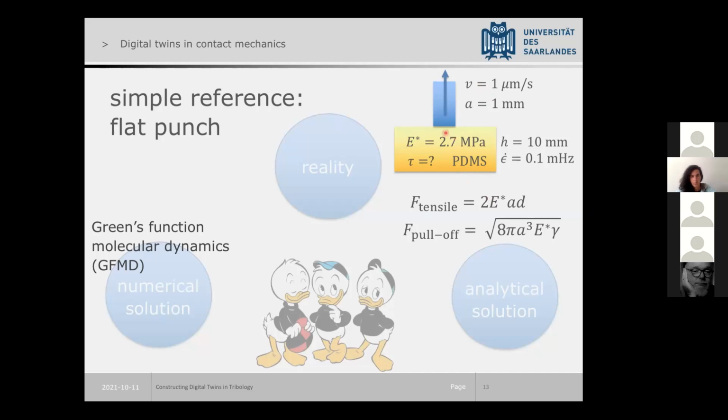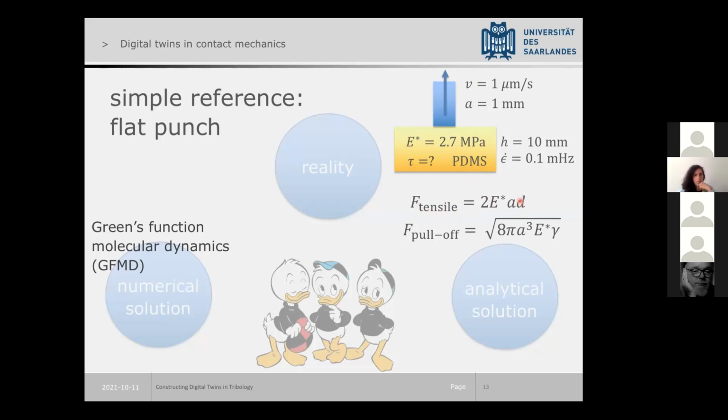And the nice thing about the flat punch experiment is that there are analytical solutions, in particular for the tensile force or compressive force, which is basically, excuse me, a linear function of the displacement because the contact area doesn't change, right?